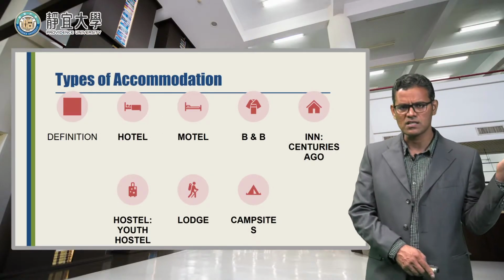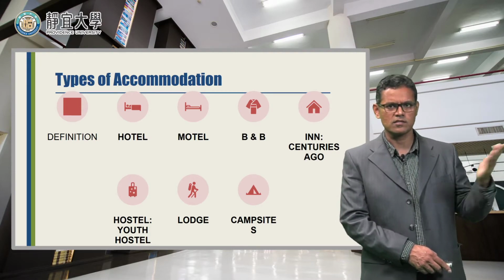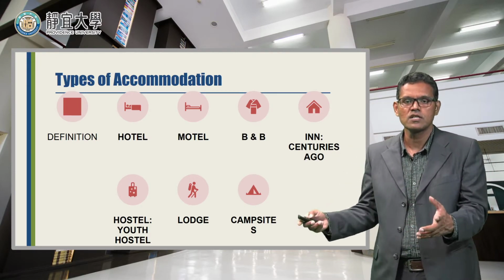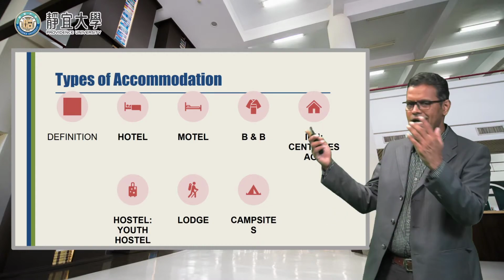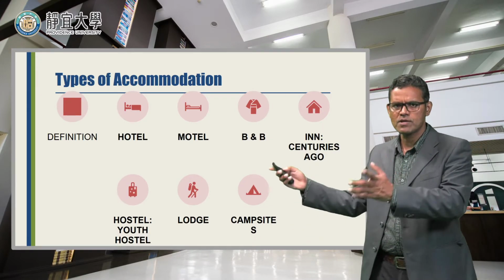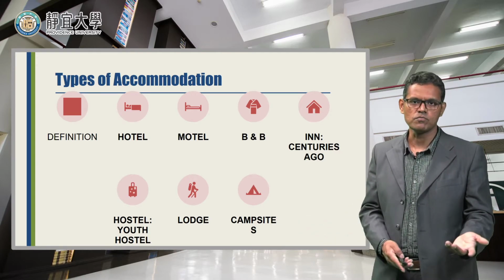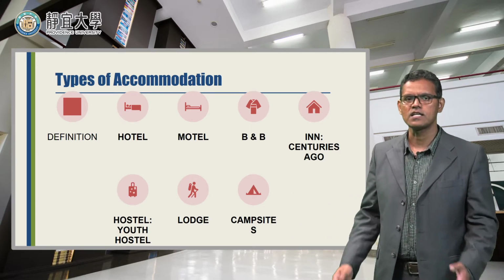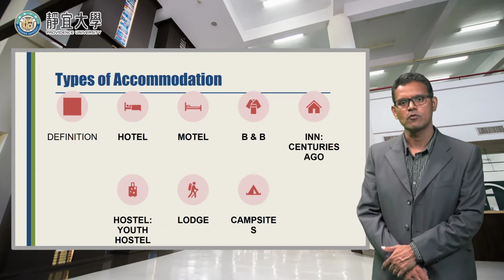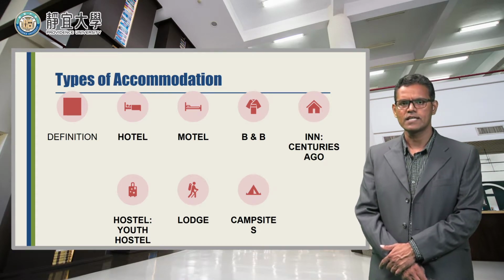I have stayed in a couple of places like that in Taitung. The family runs it, it's a house, and they have separate rooms just like hotel rooms, and then they cook breakfast for you in the morning. So even that kind of accommodation.